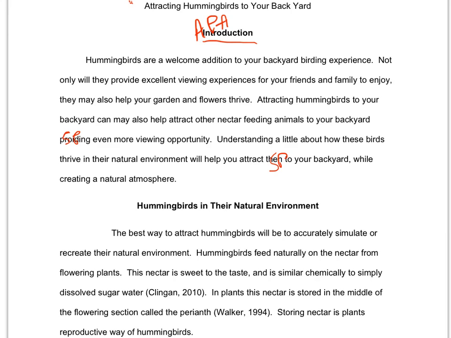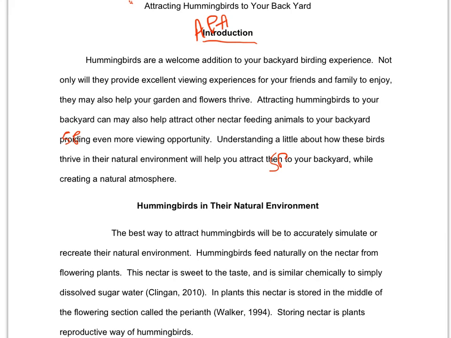So it's not necessarily appropriate, nor will it be accepted, for you to write an introduction where you just take the 4 bullet points from the assignment criteria and make a sentence for each one. So if the assignment criteria says, you know, why should you attract hummingbirds to your backyard?